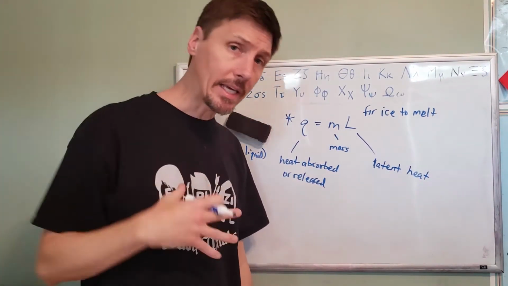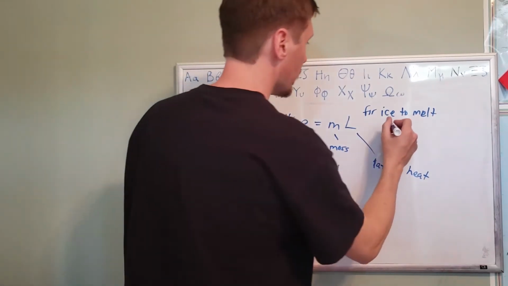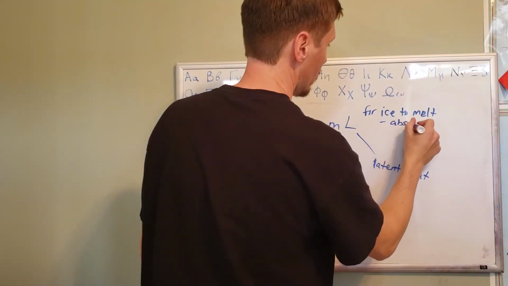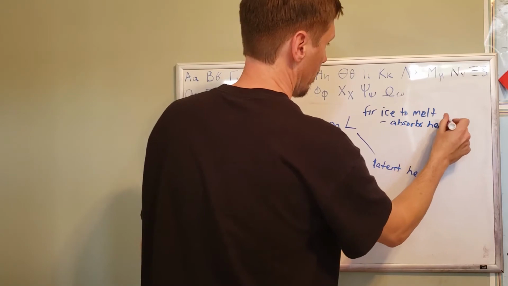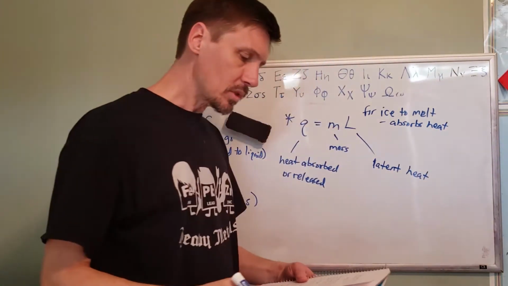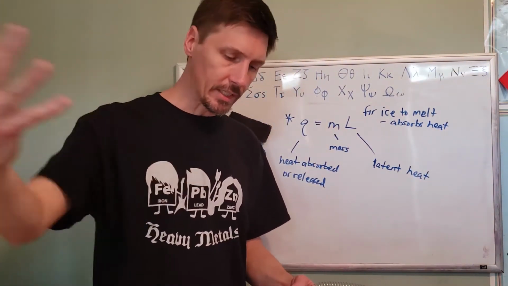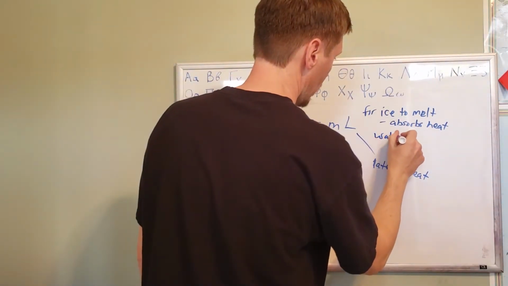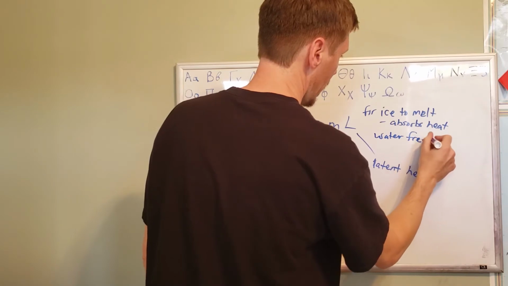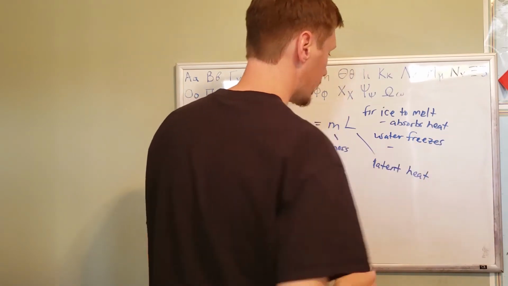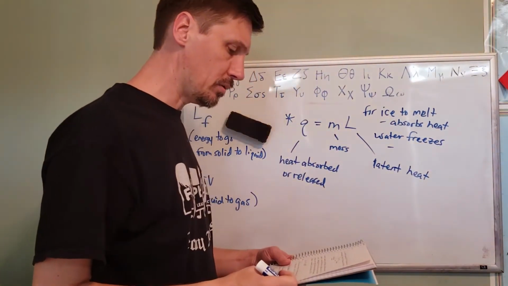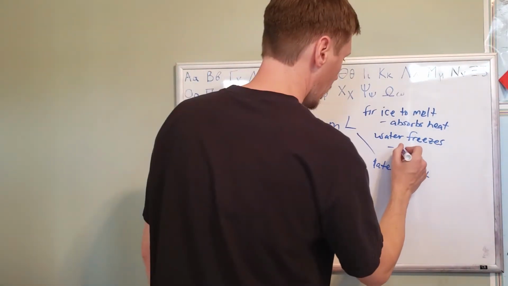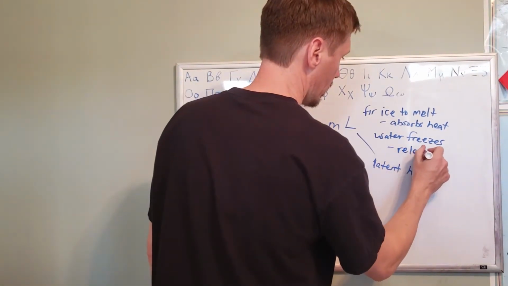It's going to have to take heat in. But the opposite is true if water freezes. If water freezes, then it's going to have to get rid of heat, so it releases heat.